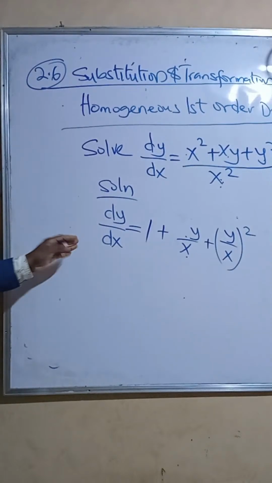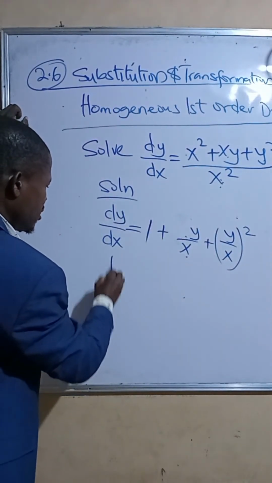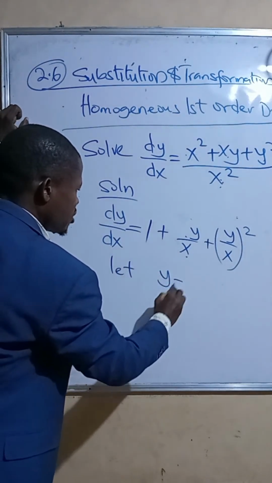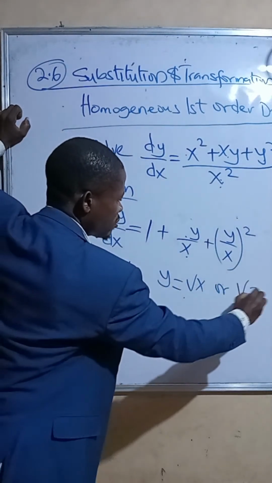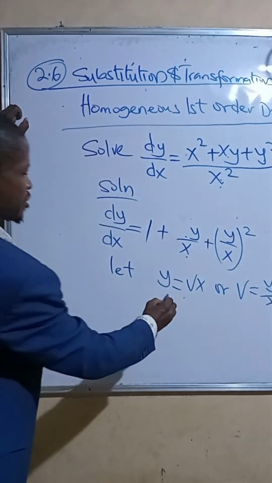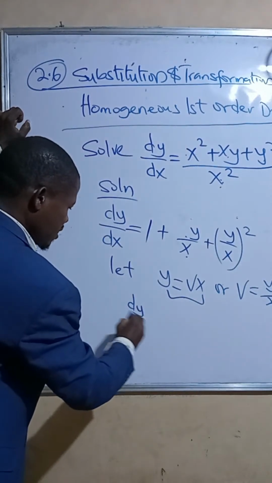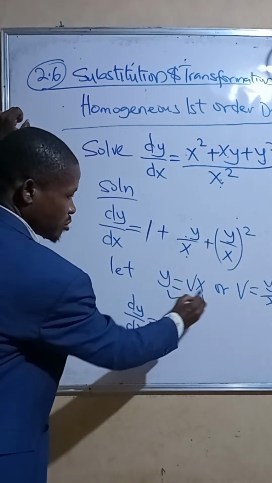That's step 1. Step 2, make a substitution. Let y be equal to vx, or v equal to y over x. Differentiate this with respect to x. So we're going to have dy/dx equal to, this is a product rule.